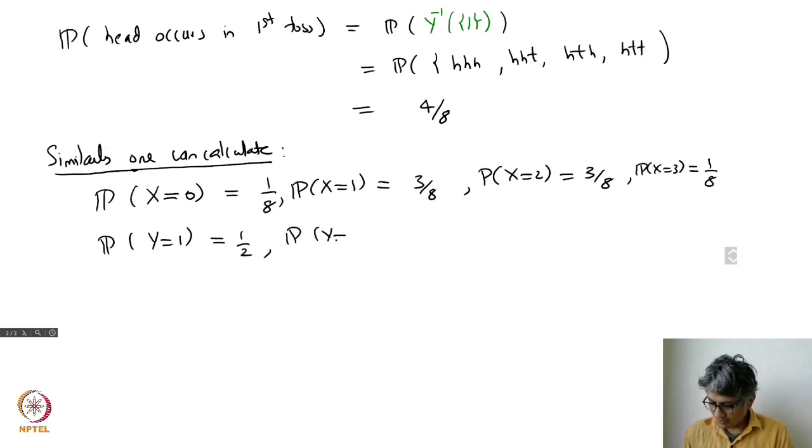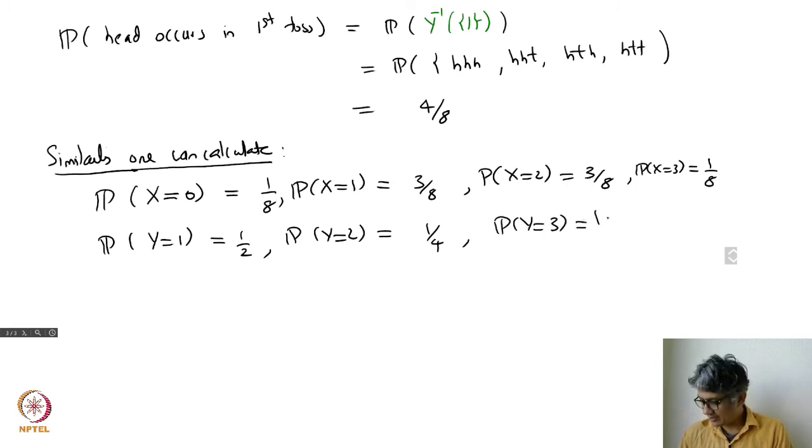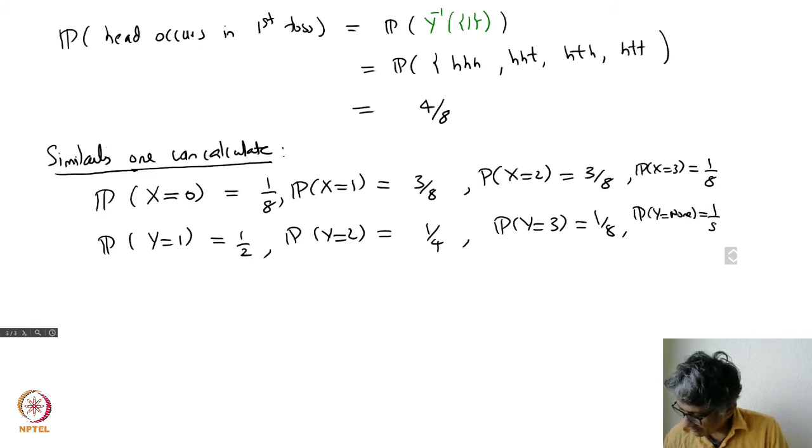Probability y equal to 2 is 1/4. Y equal to 3 is 1/8, and probability y equal to none is again 1/8. So that's how you finish off the problem.